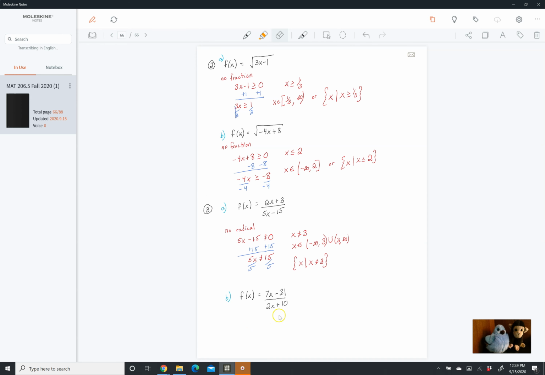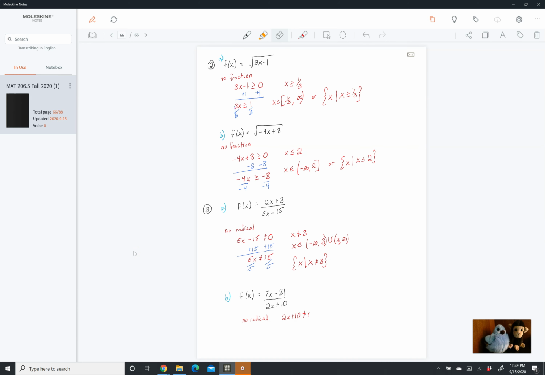Okay. So once again, there's no radical. Notice those are the two things that we always look for, a radical or a fraction. There's no radical. So the only thing that we have to worry about is whether or not it's defined. In order for it to be defined, 2x plus 10 can't be 0. We can't divide by 0.